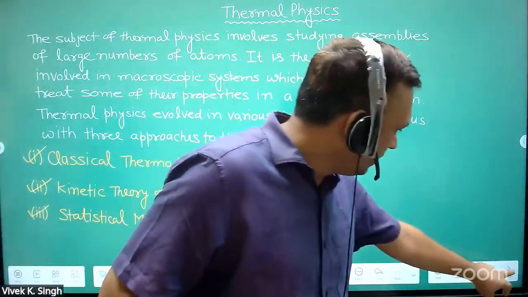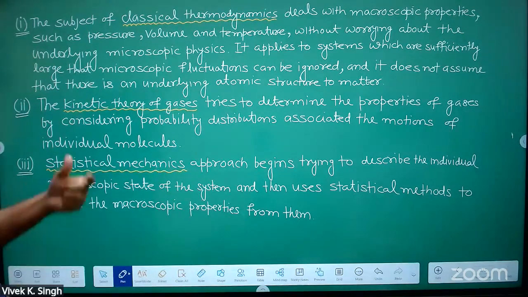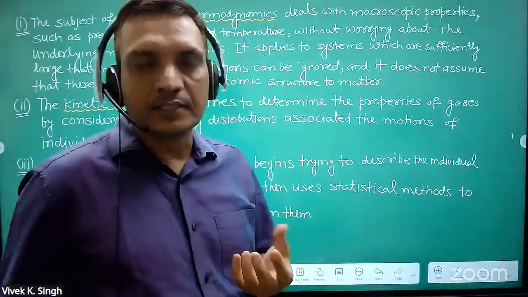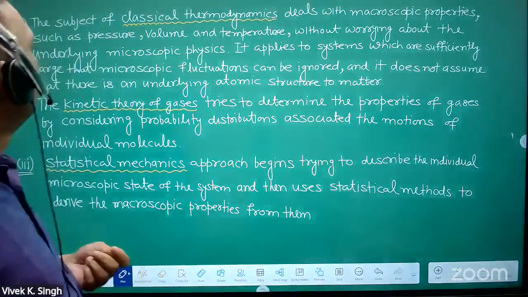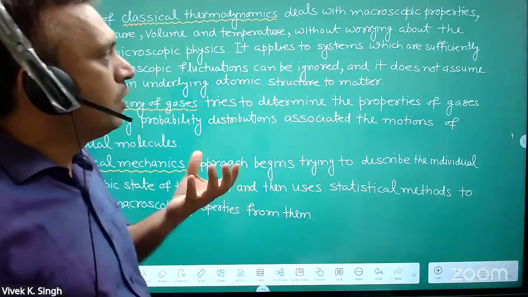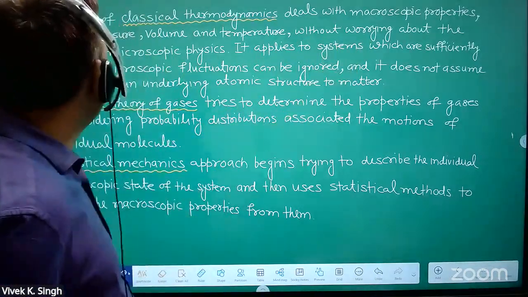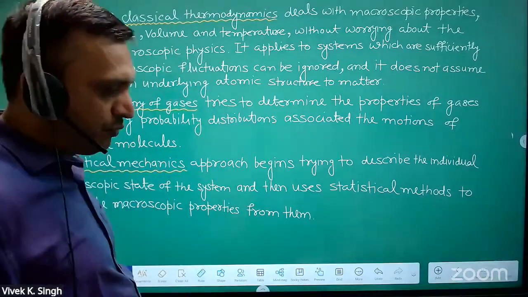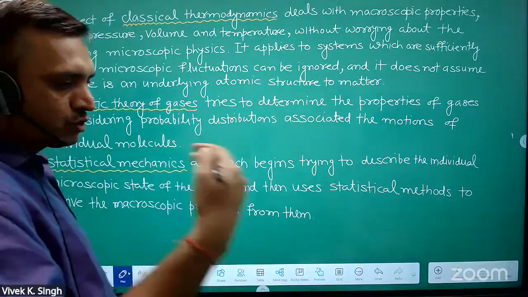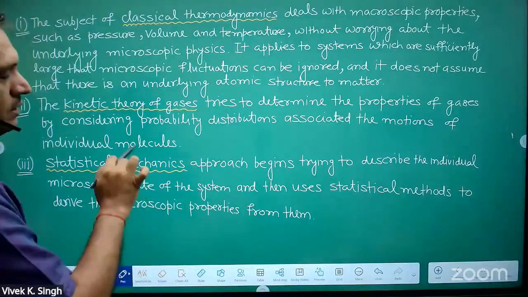Now see what we do in thermodynamics. Classical thermodynamics deals with macroscopic properties, meaning bulk properties of the system, such as pressure, volume and temperature. We call these macroscopic properties, without worrying about the underlying microscopic physics. We are not concerned about the microscopic physics or the microscopic constituents of the system.